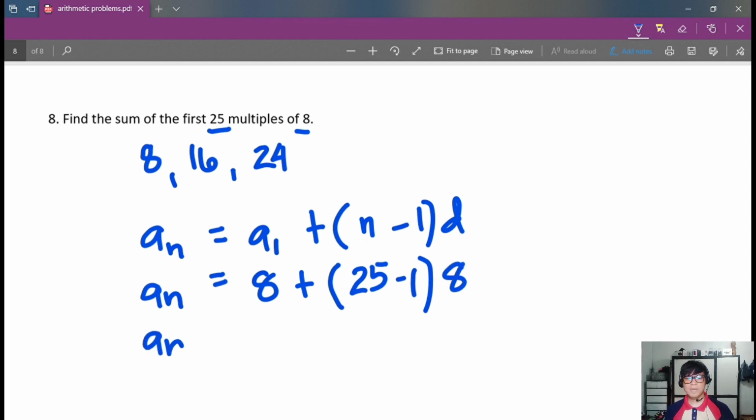So, a sub n is equal to 8 plus 24 times 8.